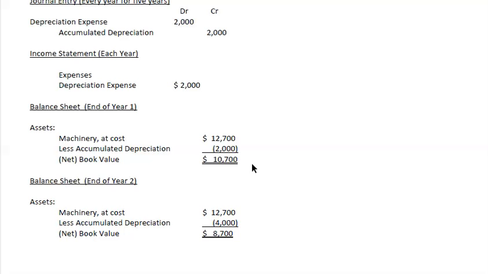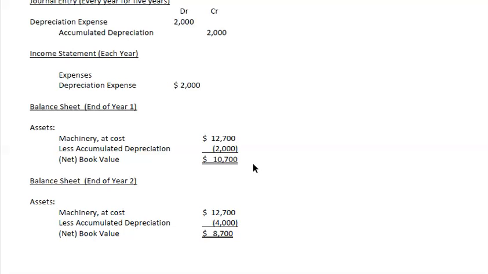We've got to realize that that has no relationship to the market value of this piece of equipment. This is just our undepreciated money that we've got in this piece of equipment. At the end of the first year, cost of $12,700 minus $2,000 gives us a book value of $10,700 left to depreciate.